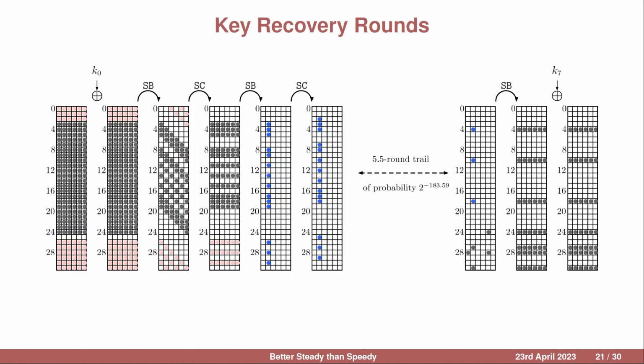I want right now to take once again a look at our key recovery round. As you can see here, all these 3 active bits are activating a lot of rows in the input, all the pink rows. What we want to do now is have some control on this propagation to reduce the number of rows that are touched.